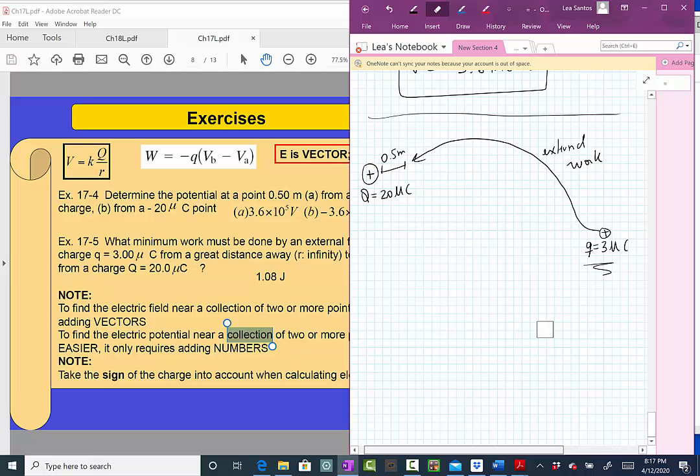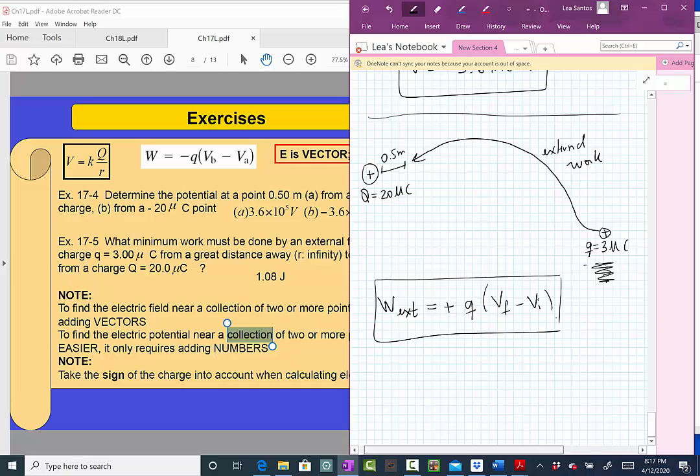No. We have an external force carrying this little charge closer to the big charge, which is then adding potential energy to this little q, because this little q does not want to be close to the big Q. So this work is external work, injecting energy. And what is the equation for this external work? Plus q, and then we put the final potential minus the initial potential. Okay?